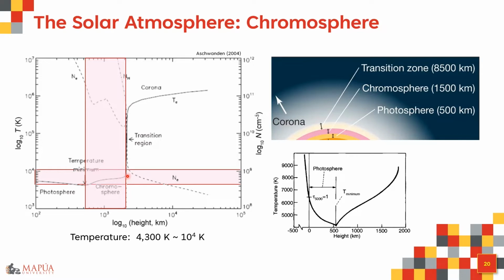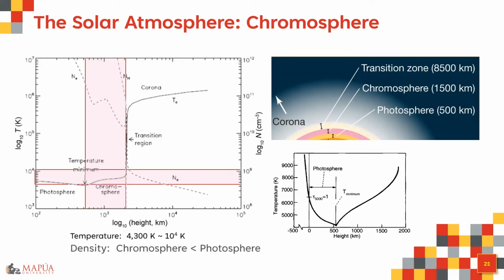It is described by a temperature of about 4,000 Kelvin to about 10 to the 4 Kelvin. It is also described as a region where you have a decrease in density. Comparing this with our earlier figure, the density of the chromosphere is less than the density of the photosphere, and the temperature increases compared to the photosphere.